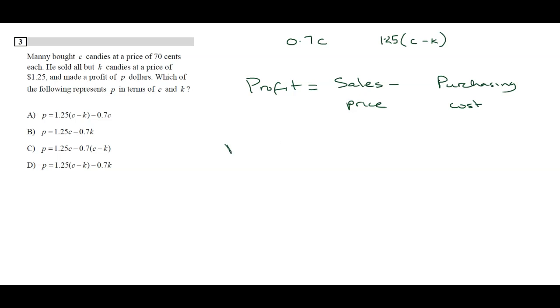In this case, your profit, P dollars, is going to be your sales price, 1.25 times (C minus K), minus the cost of buying, which is 0.7 C. That's your answer.